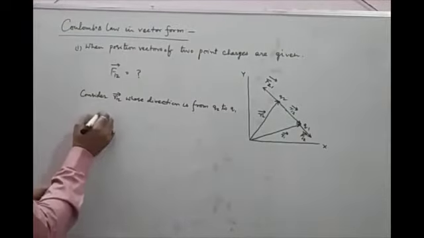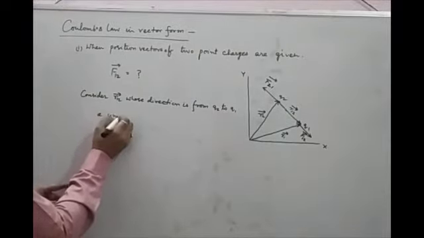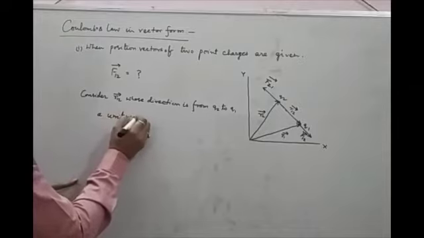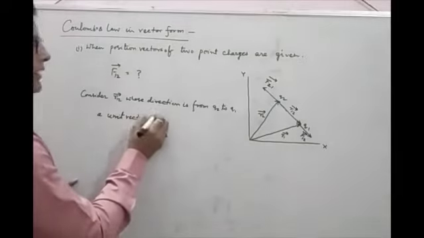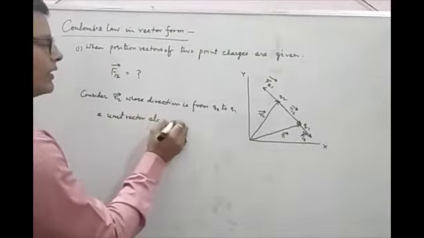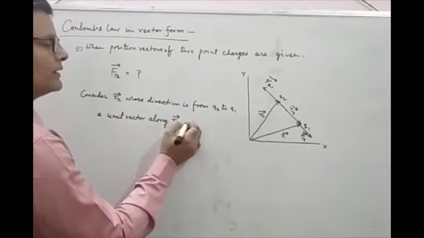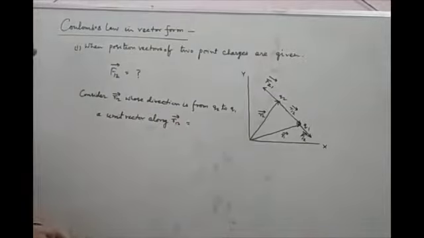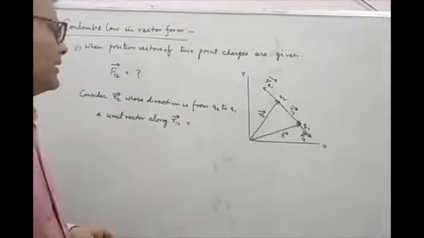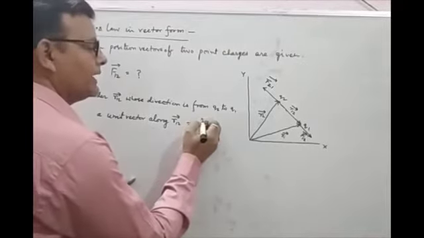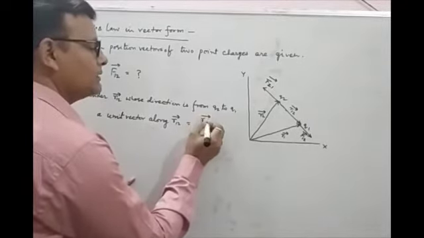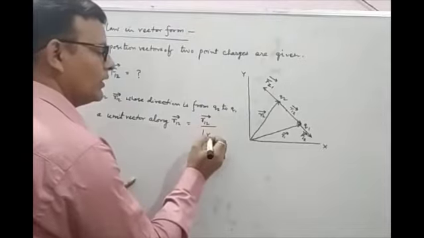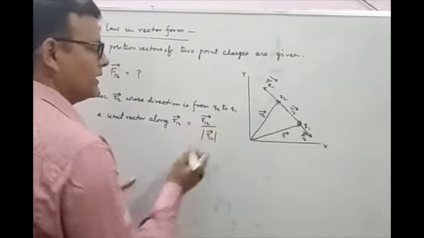A unit vector along R12 vector is equal to R12 vector divided by its magnitude, mod R12 vector.